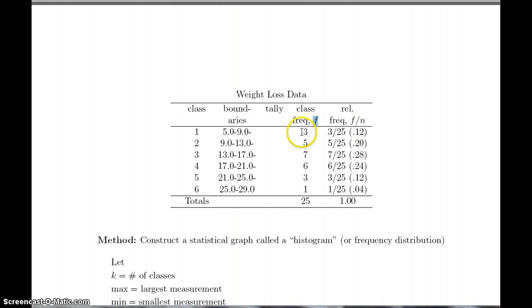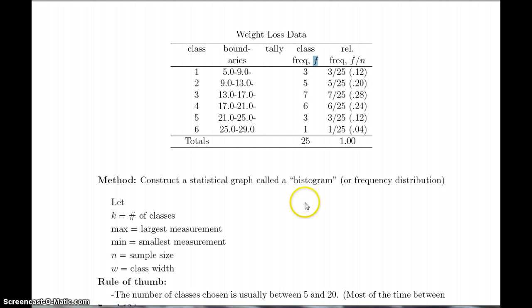So the first one would be 3 over 25, and in decimal, that's 0.12. The second one is 5 over 25, and that's 0.2, or 20% of the data falls in this interval. So this gives us our frequency and relative frequencies, but we can get other measures, but that's for later.